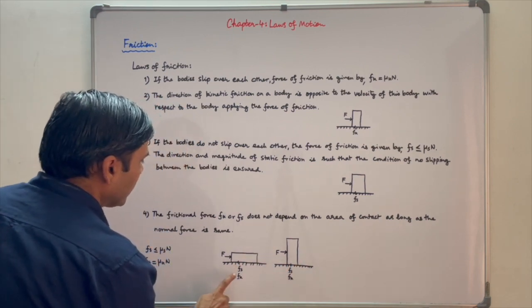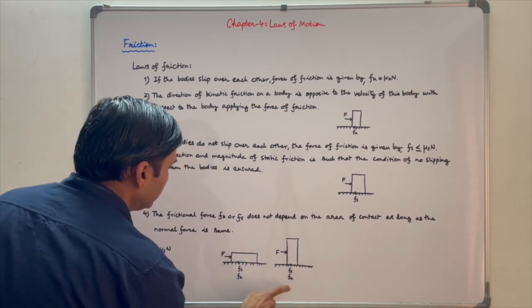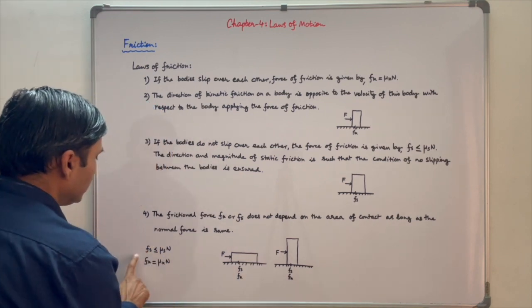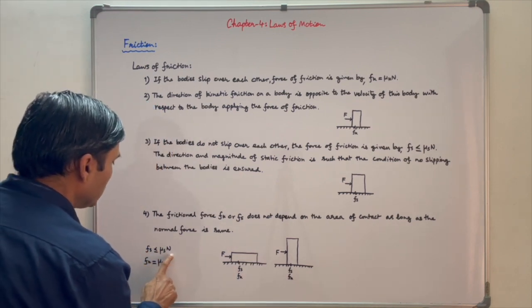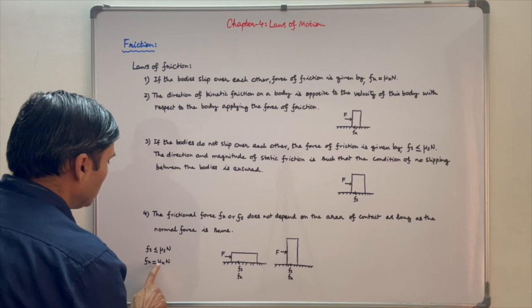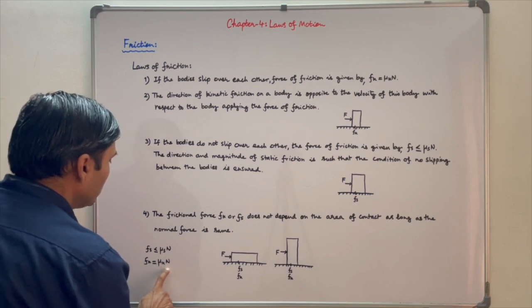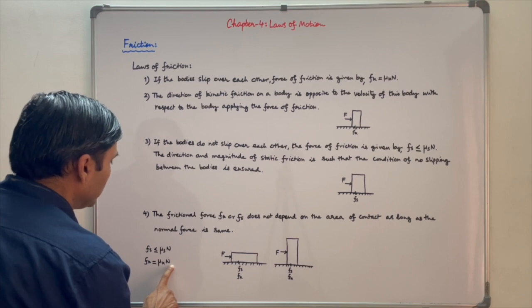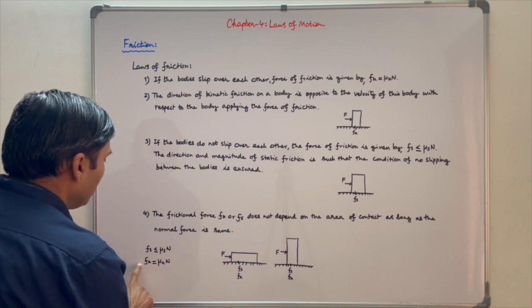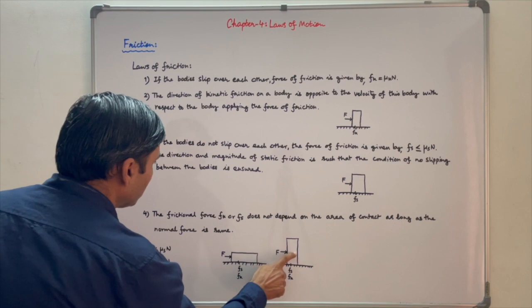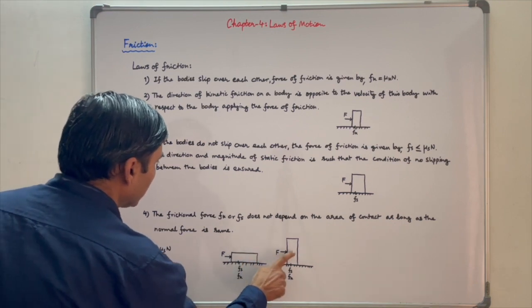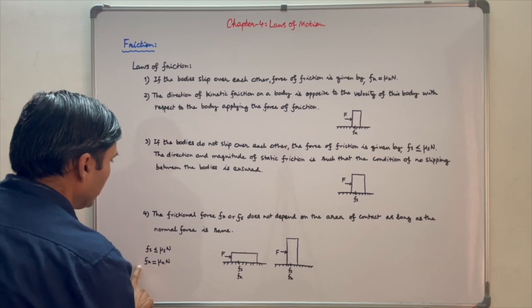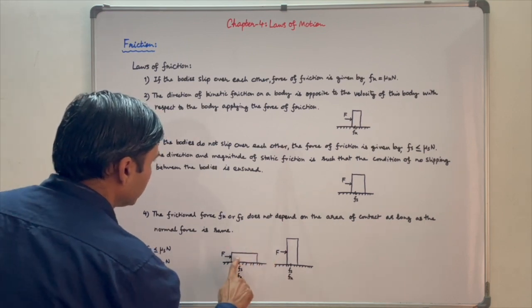But Fs or Fk in both the cases will be same, as Fs ≤ μs × N and Fk = μk × N. So they depend on N, and we know that N = mg. So Fs or Fk will depend on mass of these objects. Since these bricks are identical, their mass will be same. So Fs or Fk will be same in both the cases.